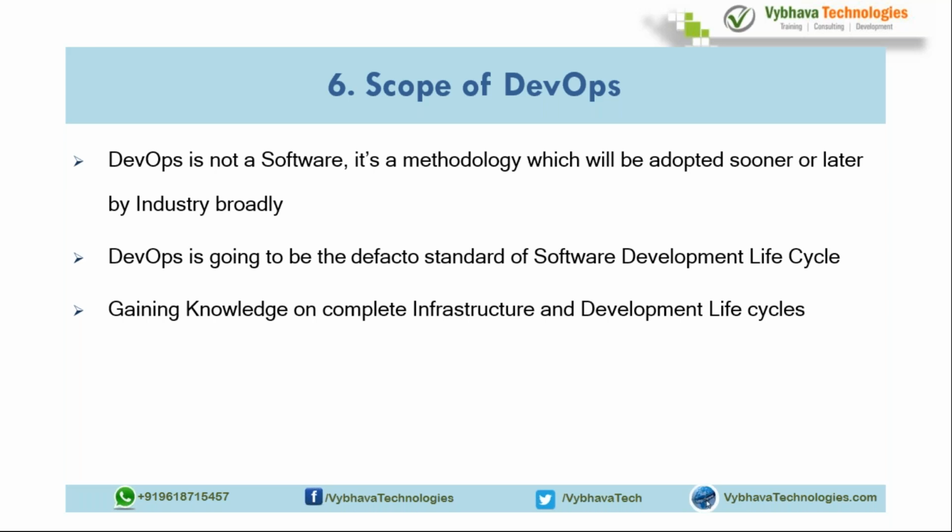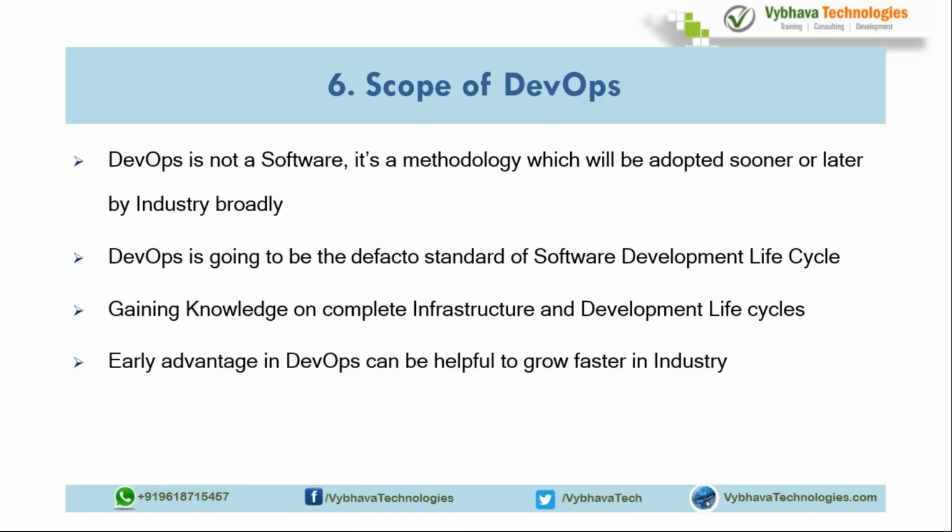Whereas operators who are working on the administration side also understand how the development team works on the code, develops the code, and resolves the issues. So an early advantage in DevOps can help you grow faster in the industry. If you understand how DevOps works, then you can grow faster.